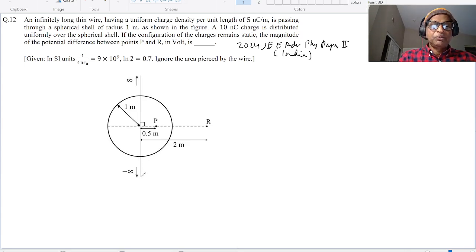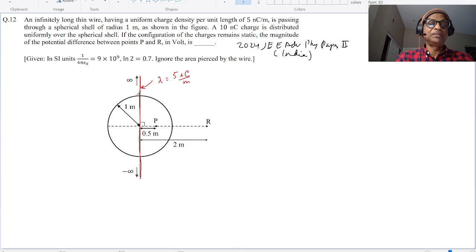So we have two sources of electric field. You have an infinite wire with a charge on it, which has a charge lambda per unit length, 5 nanocoulomb per meter.